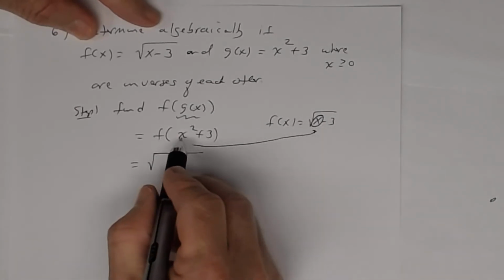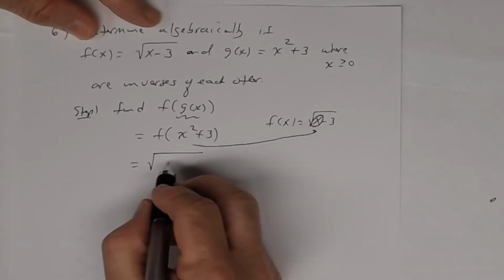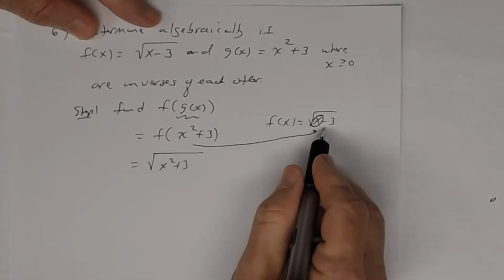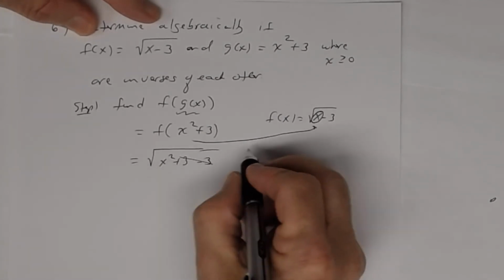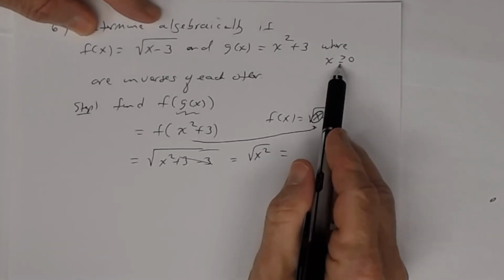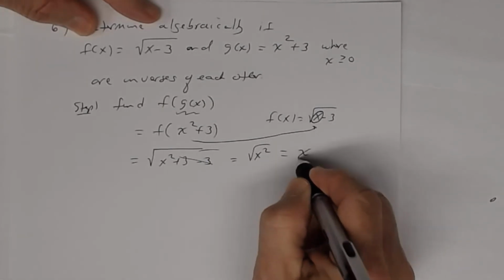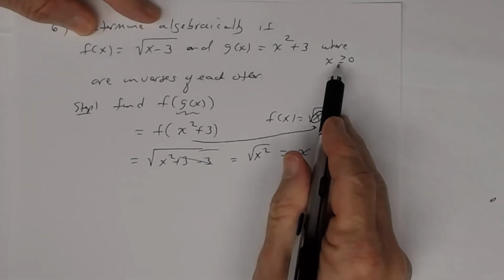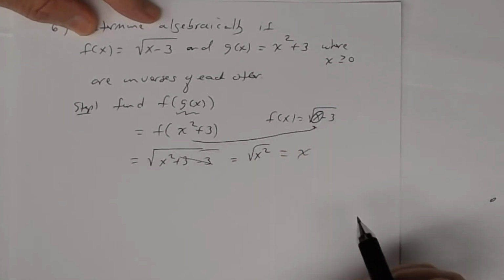That becomes the square root of x squared plus 3, in the place of that x, I'm substituting x squared plus 3. But don't forget, you're subtracting 3. And notice what happens. 3 minus 3 is 0. You get the square root of x squared. And since I restricted the domain to just positive real numbers or 0, the square root of x squared is going to be x.